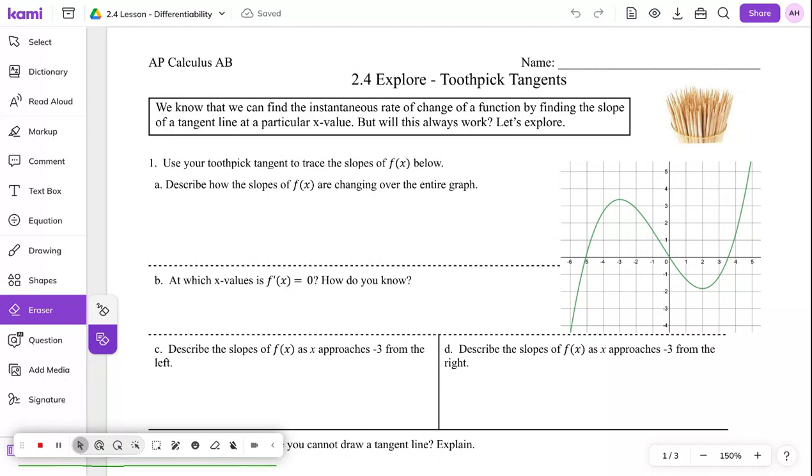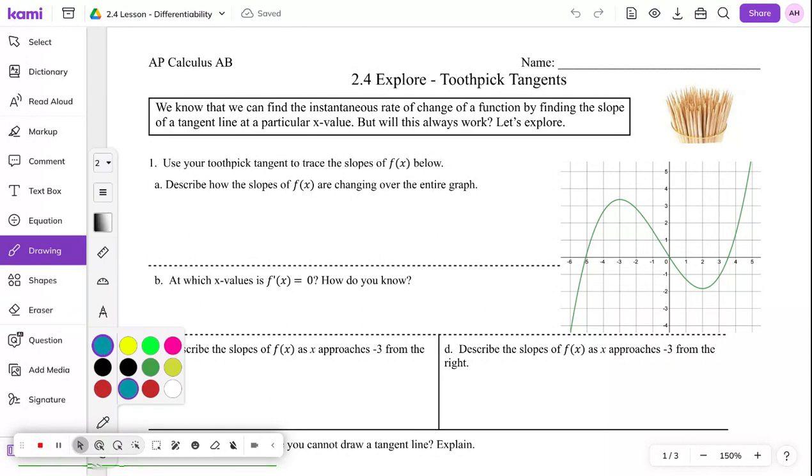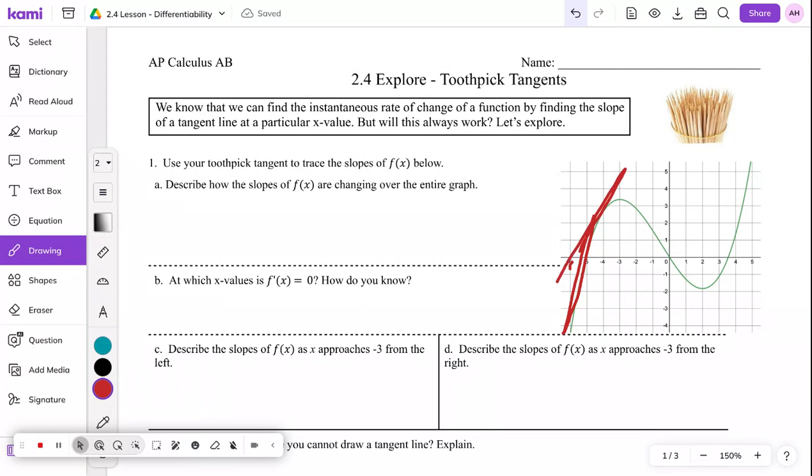For example, one says, use your toothpick tangent to trace the slopes of f of x below. If I were to do that, if I had a toothpick on this video, which I don't, I would draw it along here. That would be a tangent line, and then here would be another tangent line, and then here would be another tangent line.